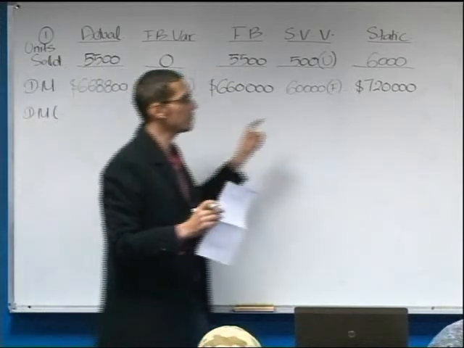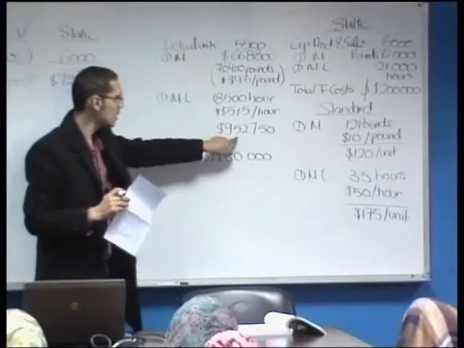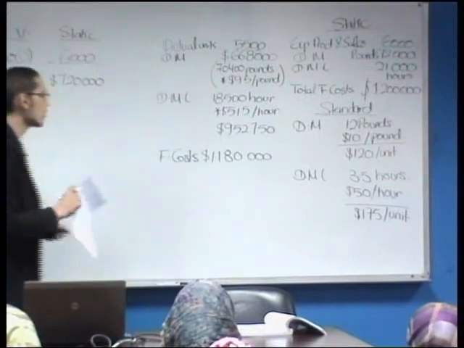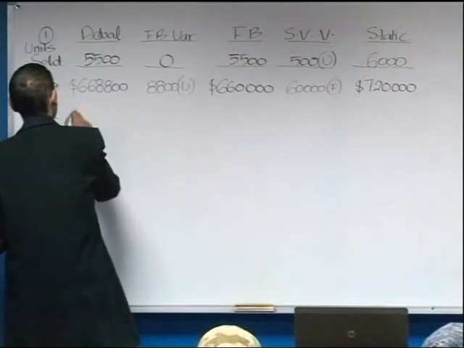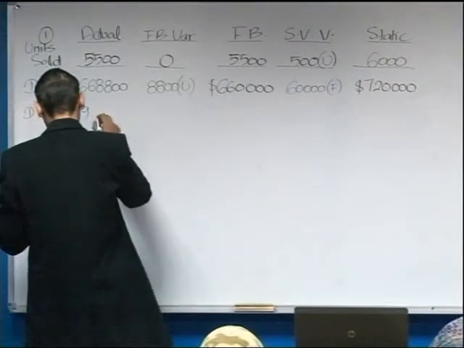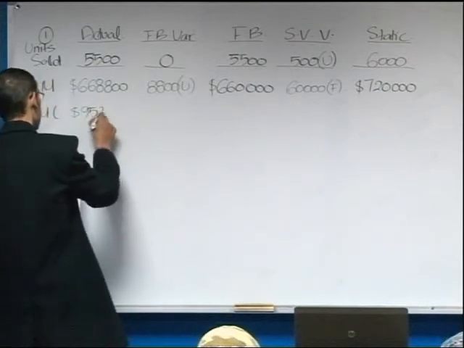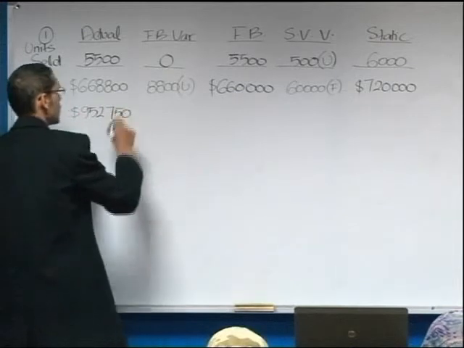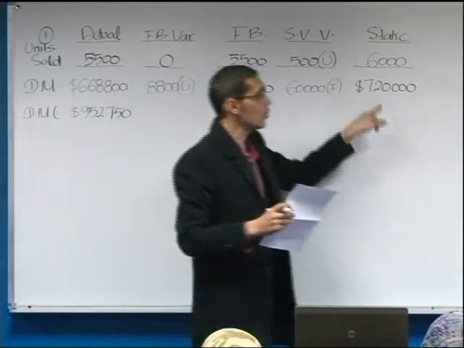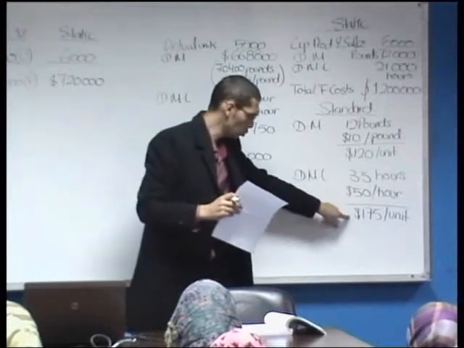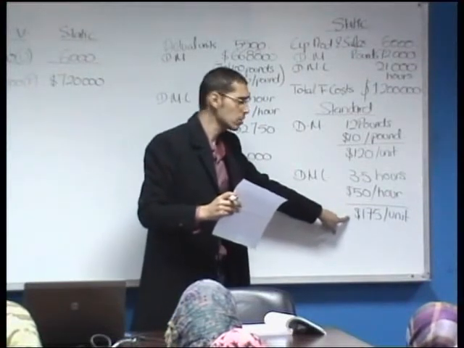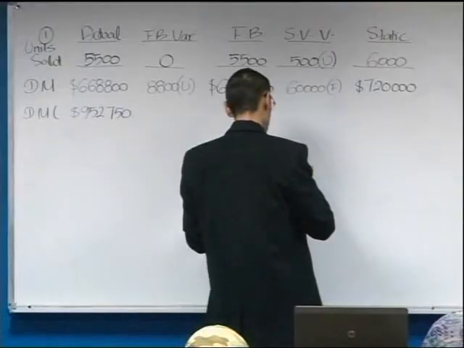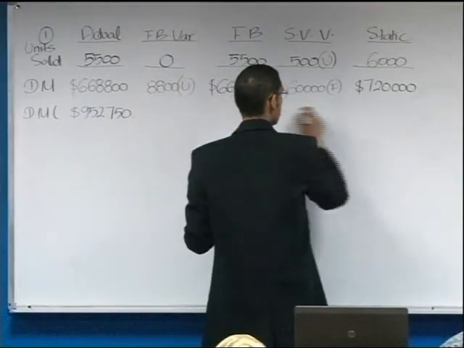Now, the direct manufacturing labor. Of course, the direct manufacturing labor here, according to our question, is 952,750. This was the actual amount. And of course, according to our static budget, it would be $175 per unit multiplied by 6,000 units, which will equal $1,050,000.